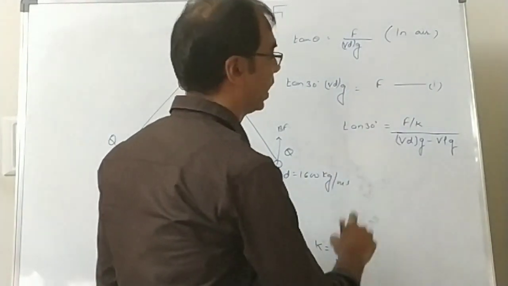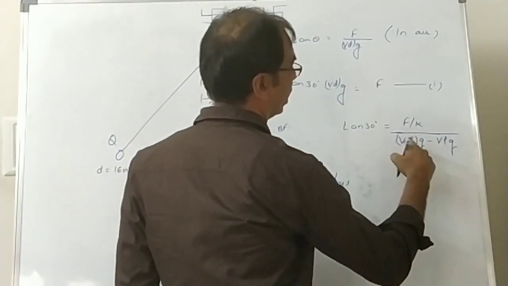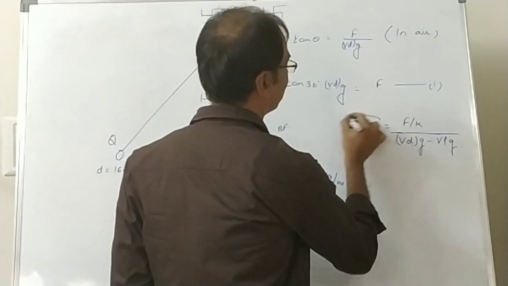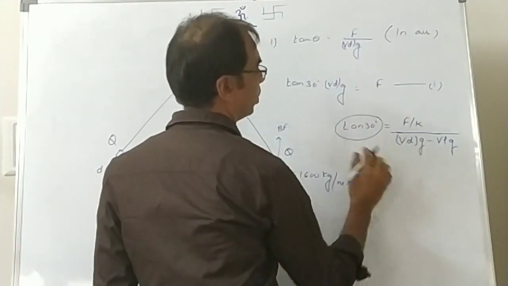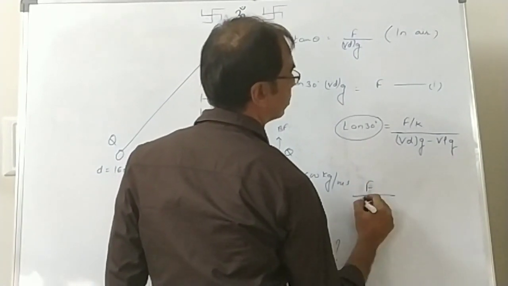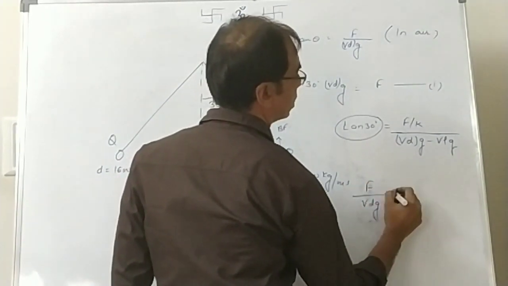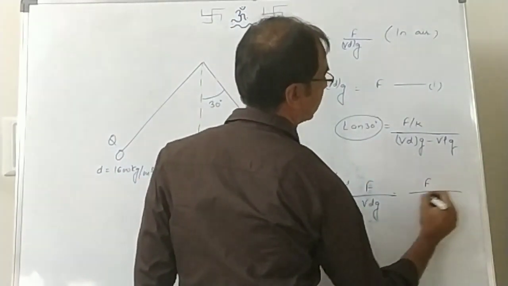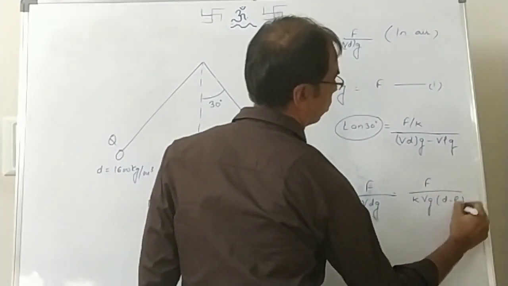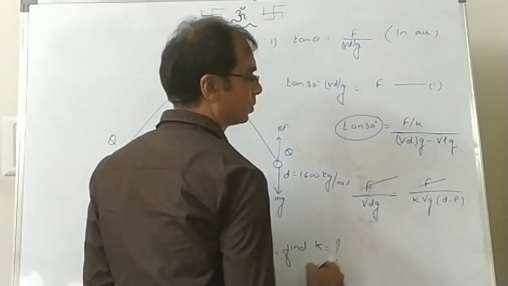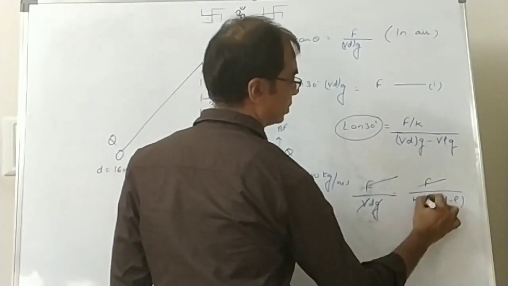Alright, this we have. Now from here, you can take V and g common, and this tan 30, I am going to put this value, F by VdG. Put it over here. F by VdG equal to F by K, taking common Vg, this is (d minus rho). F cancelled, Vg cancelled.